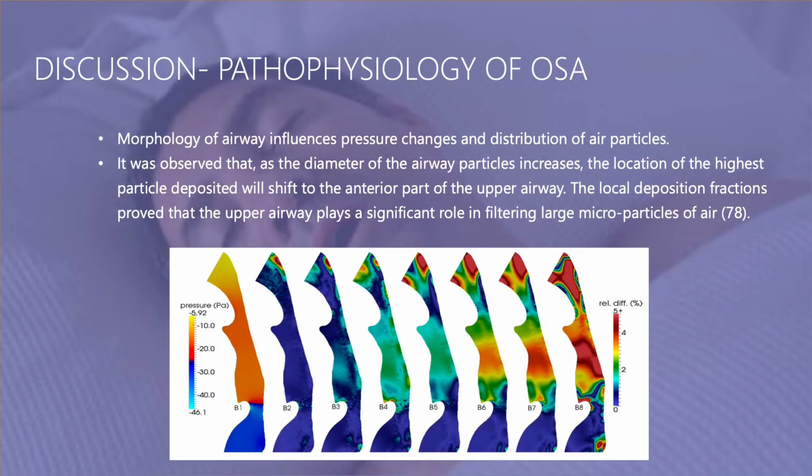Morphology of the airway influences pressure changes and distribution of air particles. It was observed that as the diameter of airway particles increases, the location of highest particle deposit shifts to the anterior part of the upper airway. The local deposition fractions prove that the upper airway plays a significant role in filtering large microparticles of air.